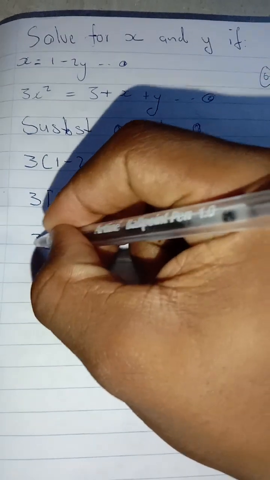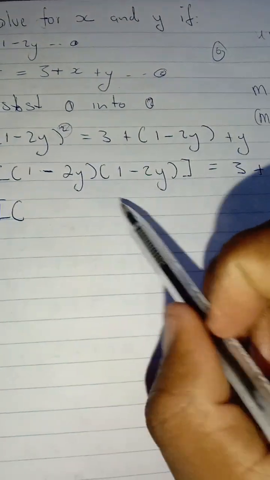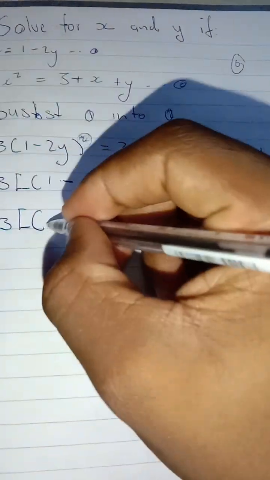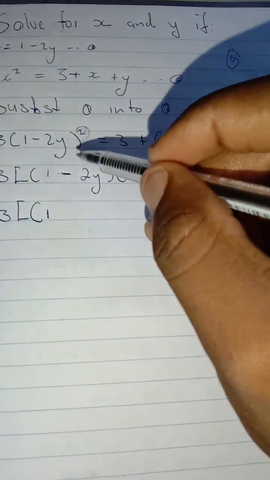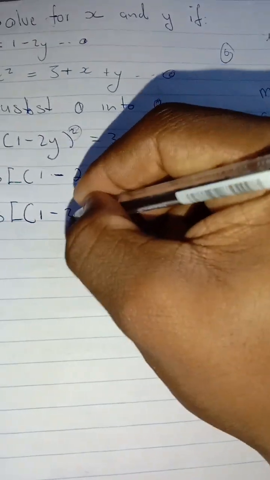Yeah. So let's get into the business now. So you're gonna say 3. Just ignore this 3. So we're gonna say 1 times 1, it's 1. Please use your calculators. 1 times negative 2y, negative 2y.